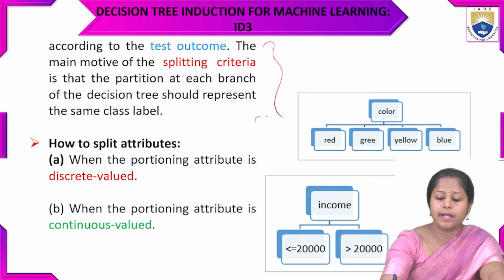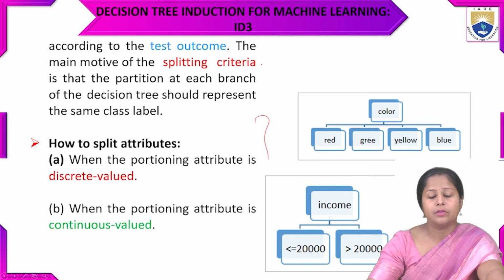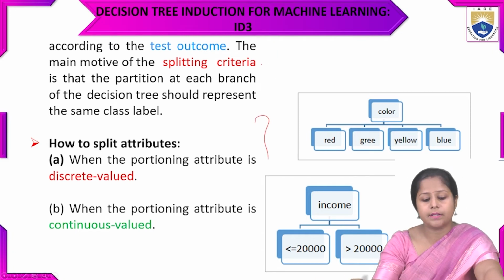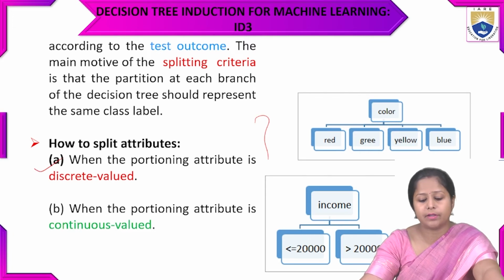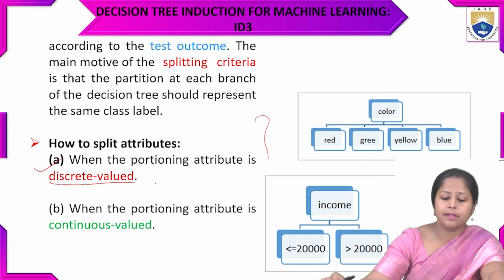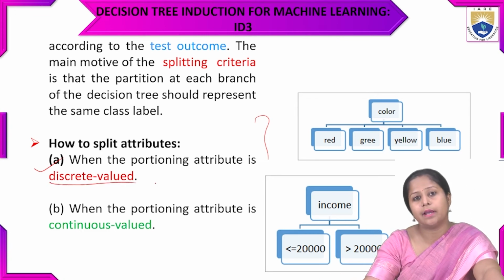So how do we split the attributes? Basically, first example A: when the partitioning attribute is discrete valued, how will it be carried out?